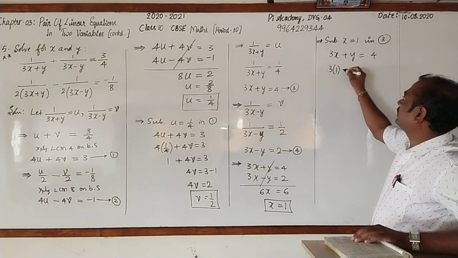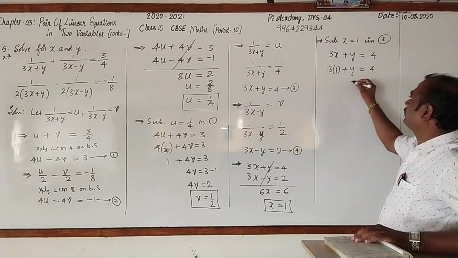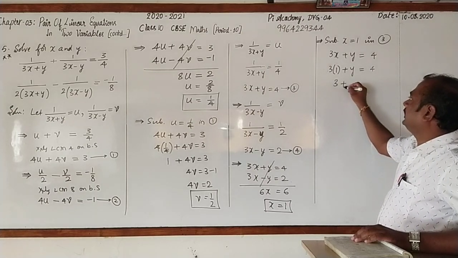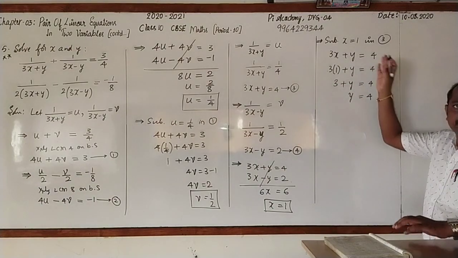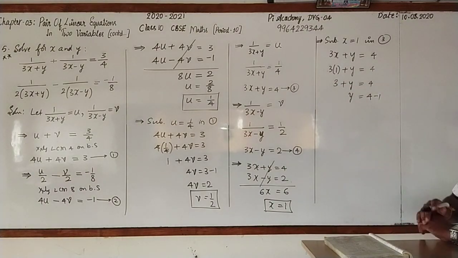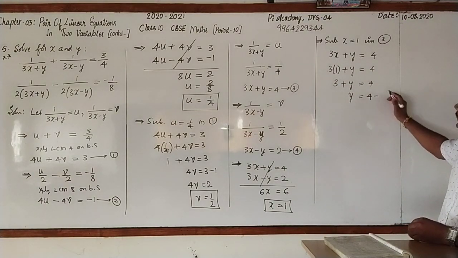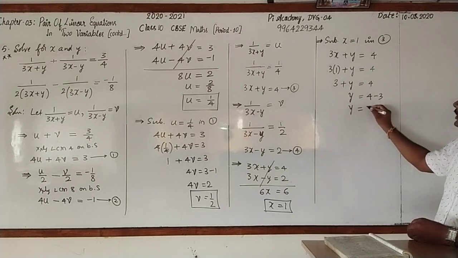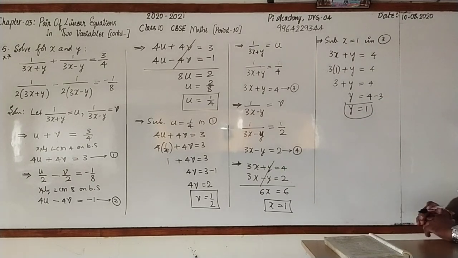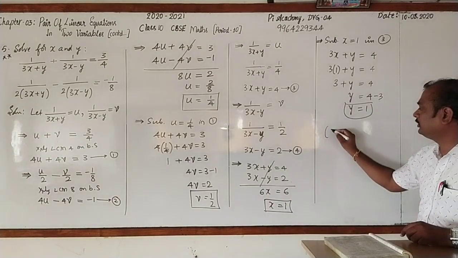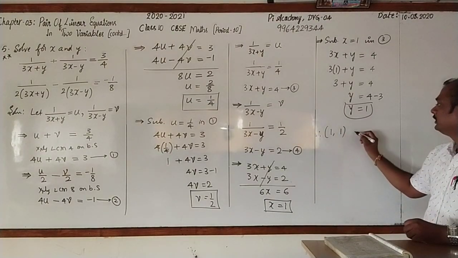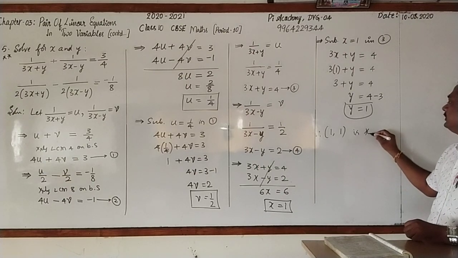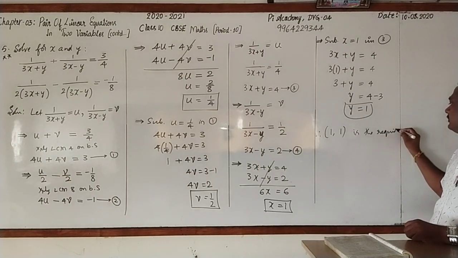So 3 into 1 plus y is equal to 4. 3 ones are 3 plus y equal to 4. Transfer 3 to the right hand side, it becomes minus 3. What is 4 minus 3? It is 1. y equal to 1. See that the x value is 1, and the y value is also 1. Therefore, this is the required solution.